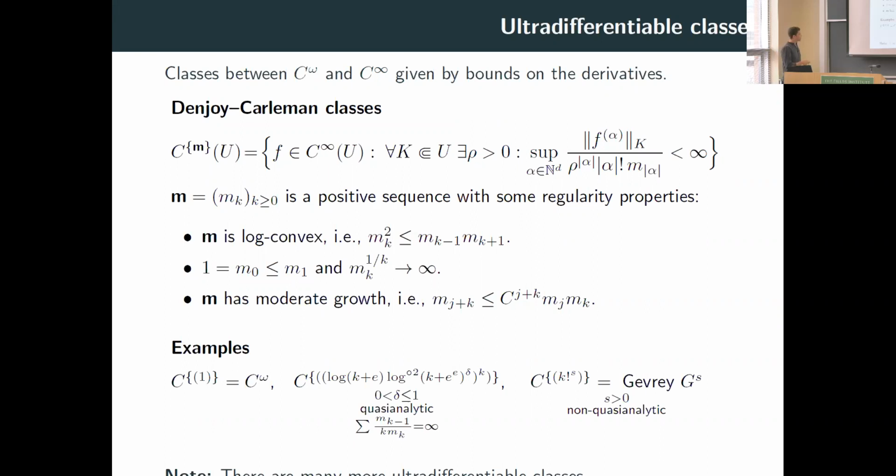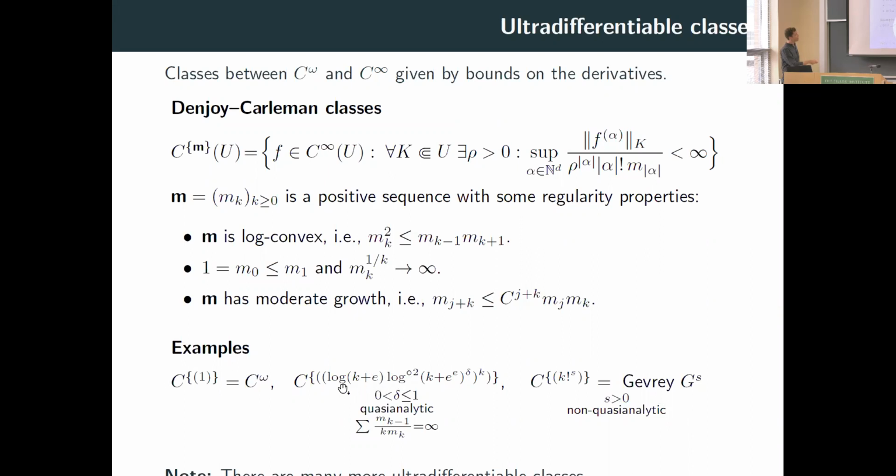Examples. As I already said, if I take the constant sequence 1, I get the real analytic functions. If I take the sequence k factorial to the s, where s is a positive number, I get the Gevrey class. These classes, as long as s is positive, are non-quasi-analytic. Here is an example of a quasi-analytic class.